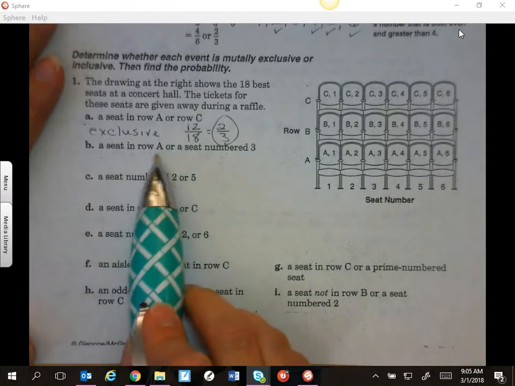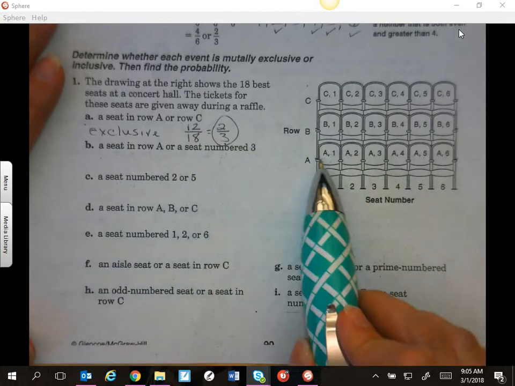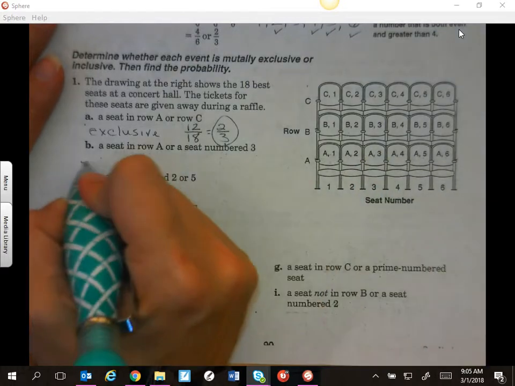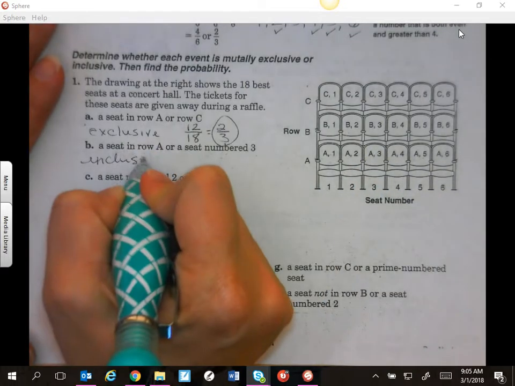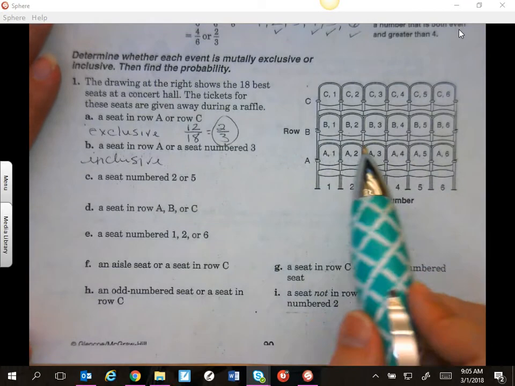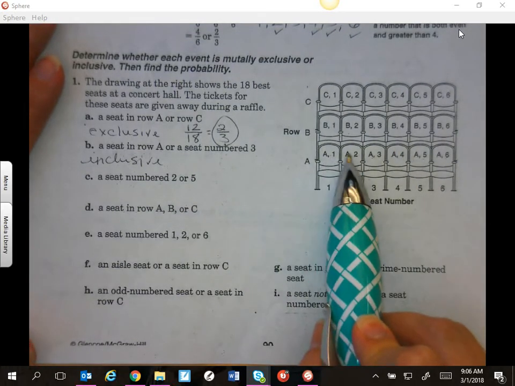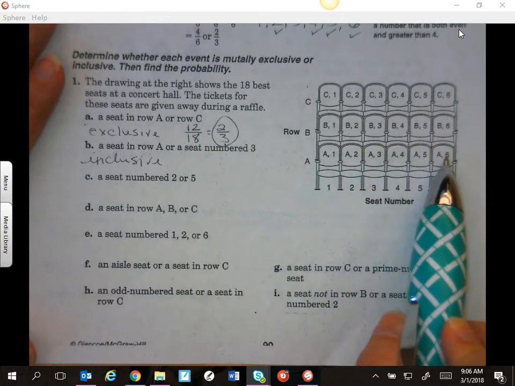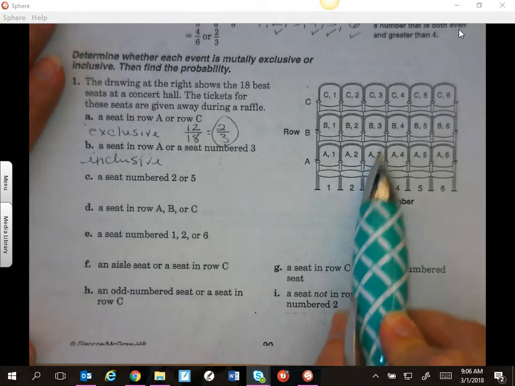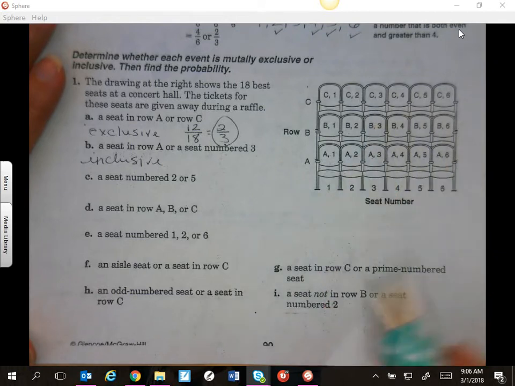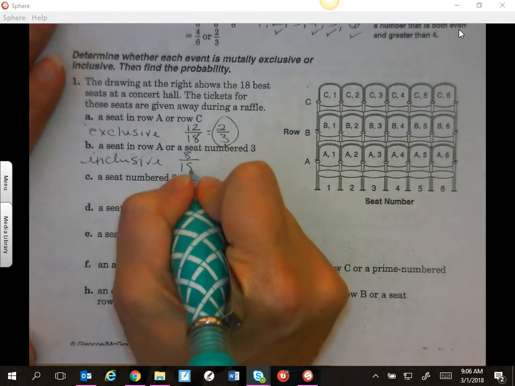A seat in row A or a seat number 3, well, this is going to be inclusive because you can have both of those at the same time. So now, make sure you don't double count this one. So in row A, 1, 2, 3, 4, 5, 6, or a 3, we're not going to double count this, 7, 8. Okay, 8 seats out of 18 meet that criteria.